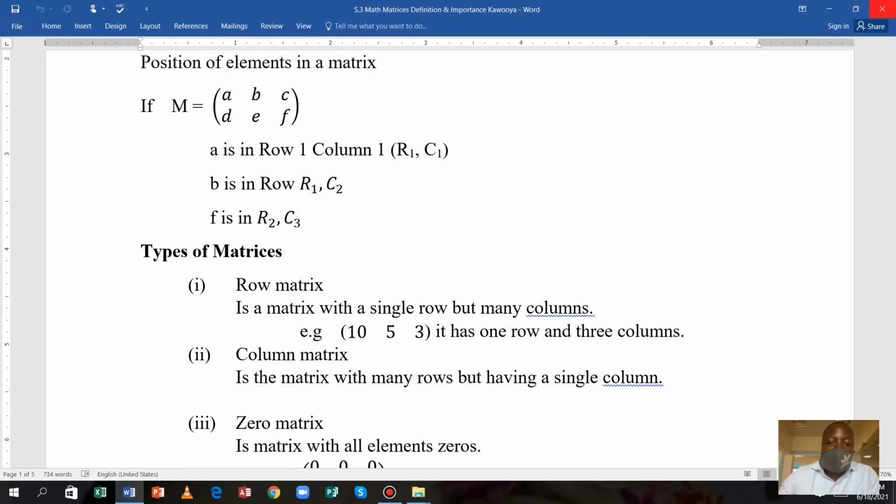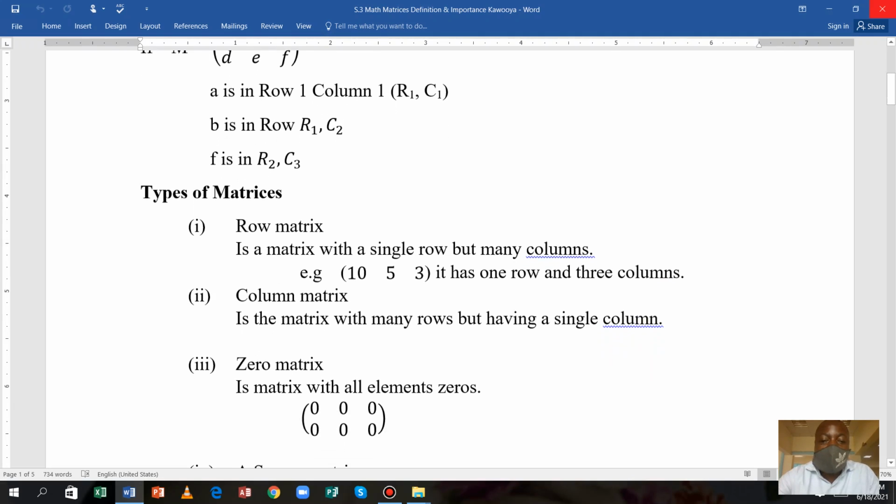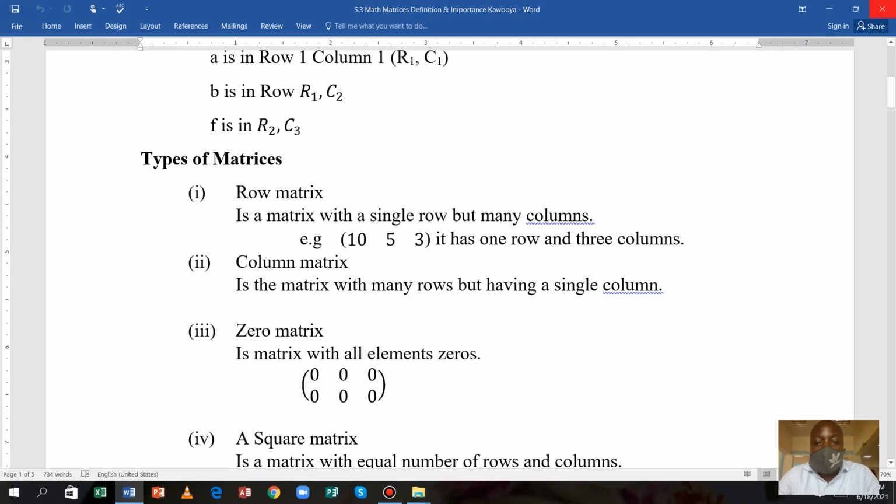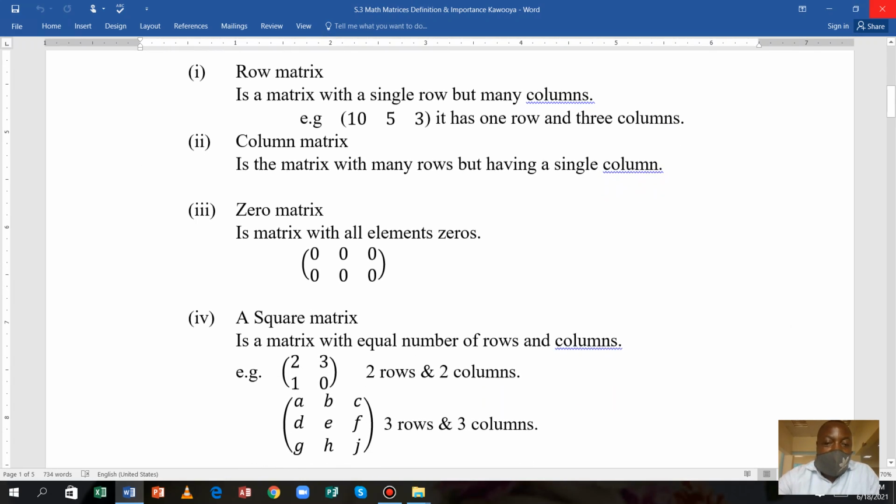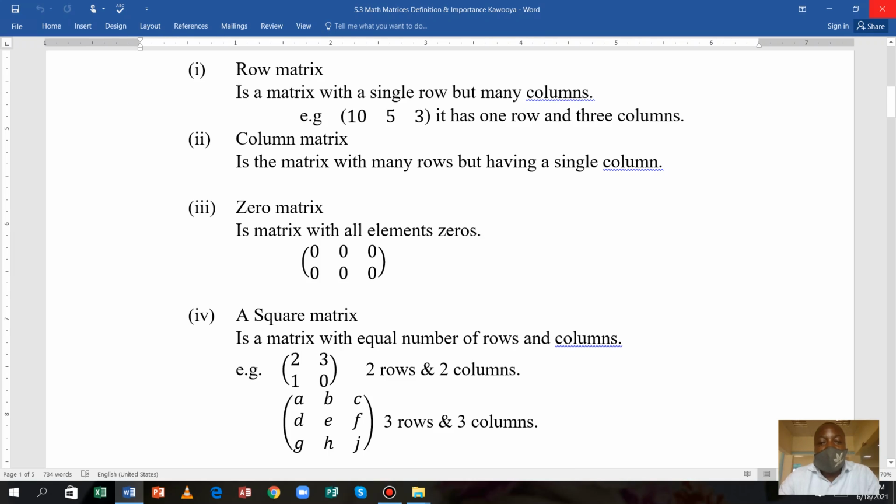So if you look at the first example, which is a row matrix, this time if you interchange those figures and write them in a vertical way, 10, 5, 3, then it becomes a column matrix, which will have one column but 3 rows. Three is a zero matrix. A zero matrix is a matrix having all elements zeros.